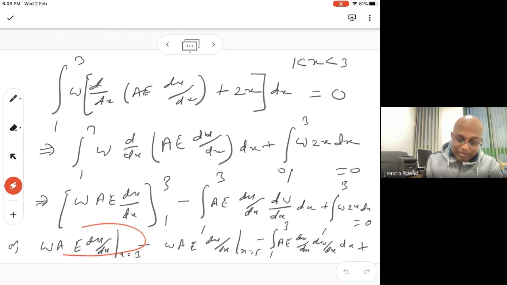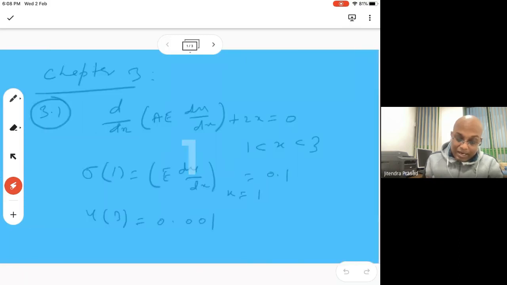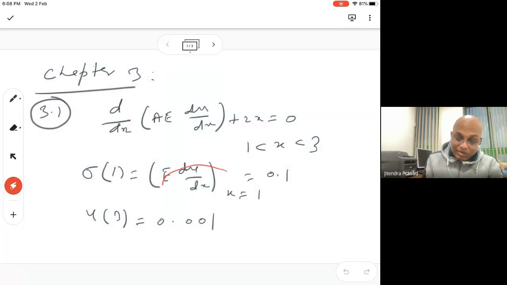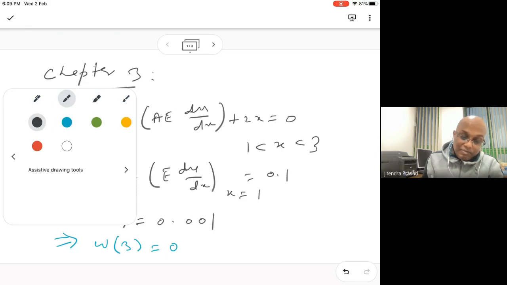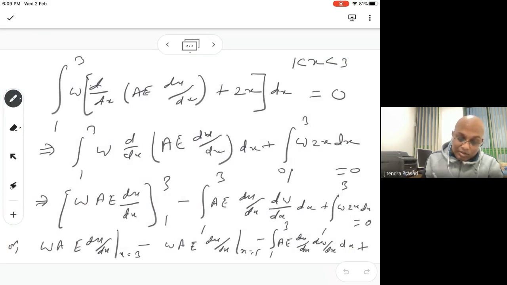Here we have w times EA du over dx at x equal to 3, and at x equal to 3 we don't have anything here, but what it tells you is, if u is given at 3, w has to be 0, so w at 3 has to be equal to 0. Accordingly we can put that value. So w at x equal to 3 will be 0, so this will be 0.